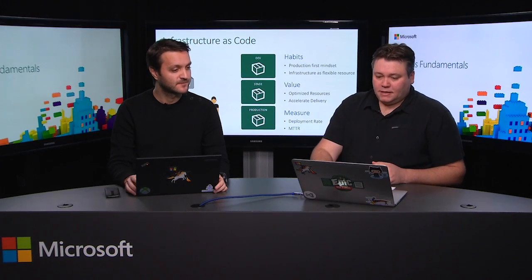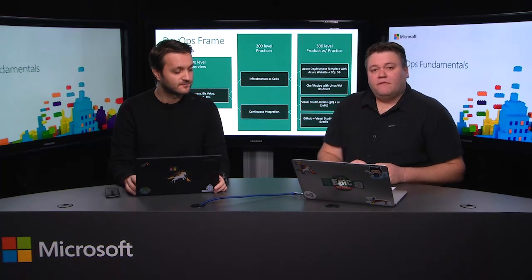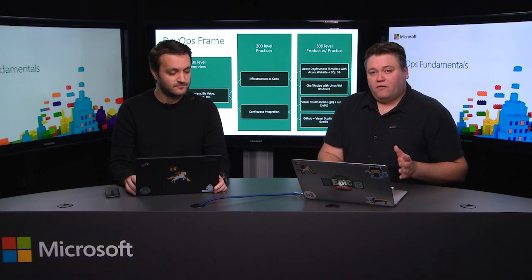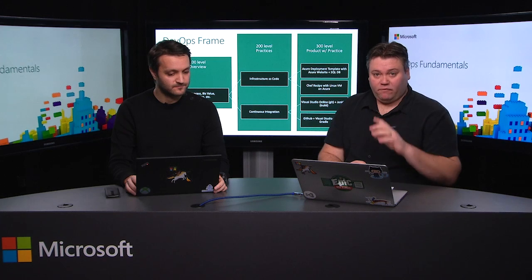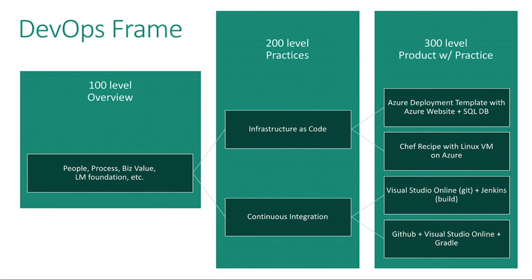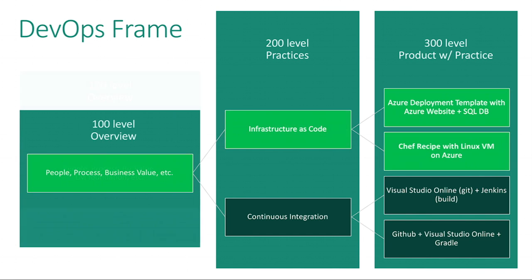Cool. So, if you watch the first episode that we had, an introduction to DevOps, we sort of introduced this idea of a DevOps frame where we map 300-level technologies back to DevOps. So in this case here, we have at the 100 level the people and business practices that DevOps defines.